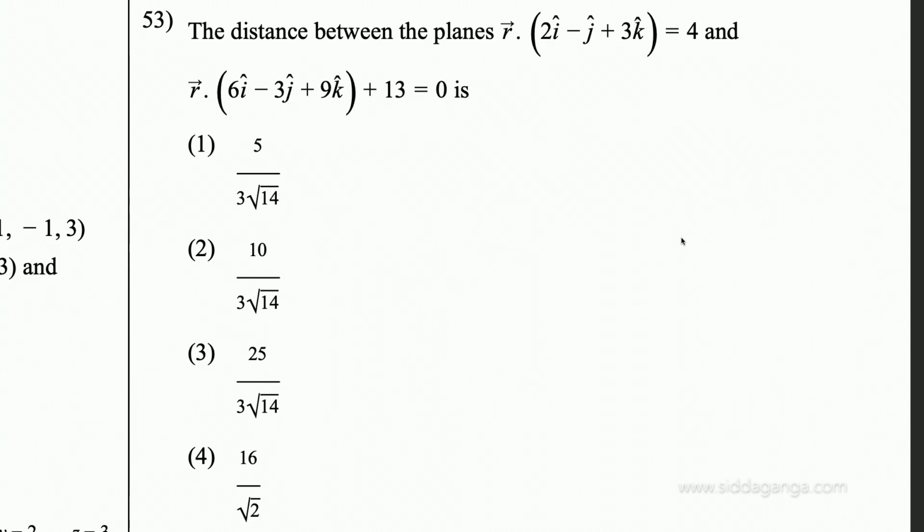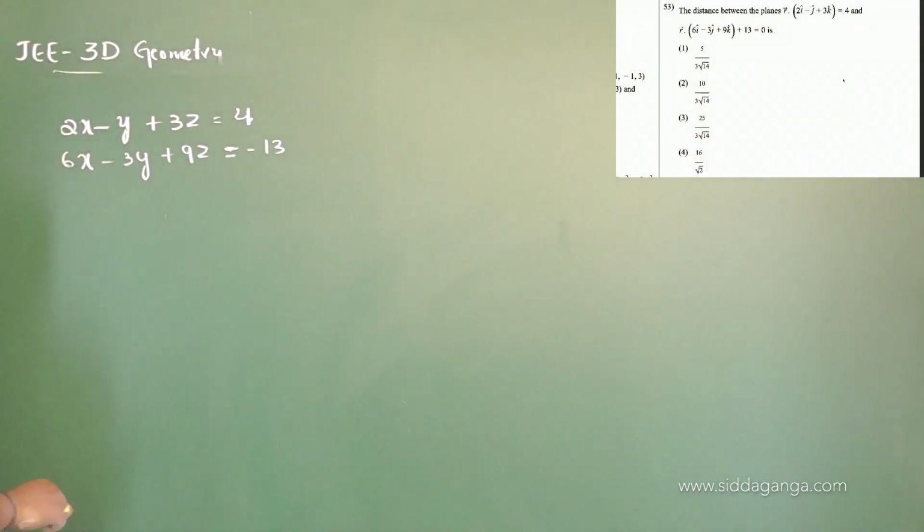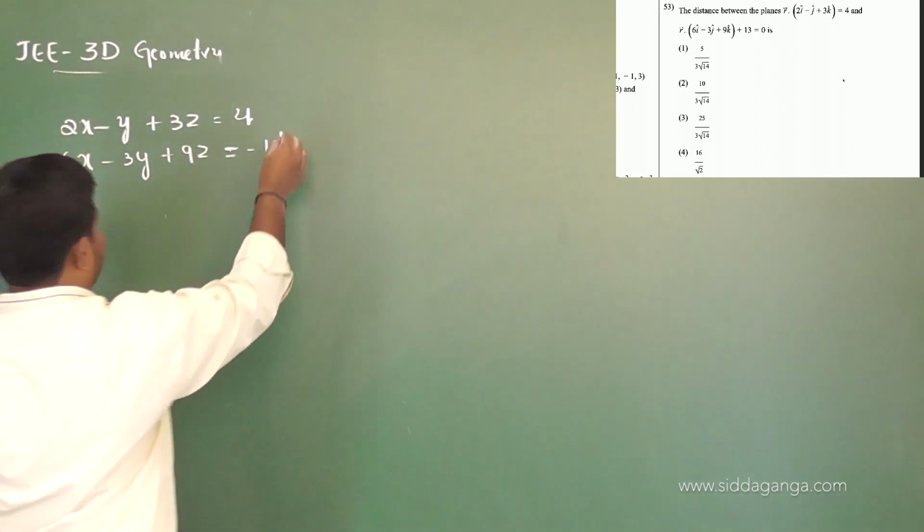This is a Cartesian form of the first equation. Second equation becomes 6x minus 3y plus 9z equal to minus 13. So these two are the Cartesian form.